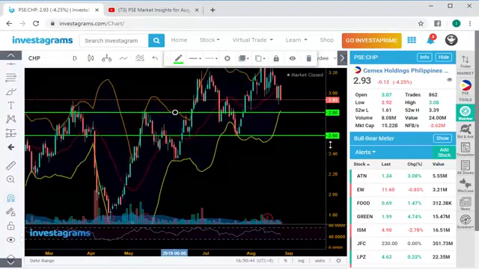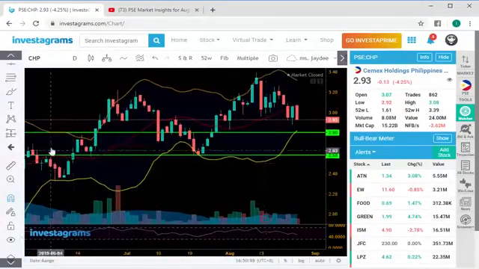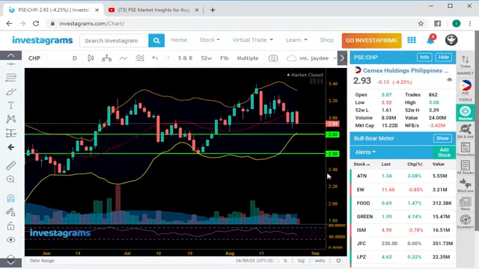There you go. So these are the key prices, key areas to watch out for. Okay, your previous resistance can potentially act as your support, and then if that line gets broken, your next area to watch out for will be 2.58.